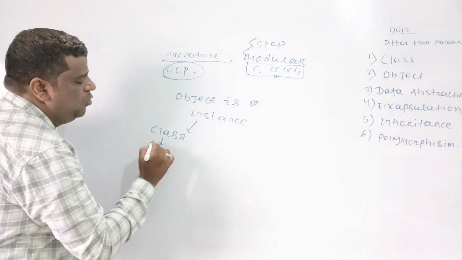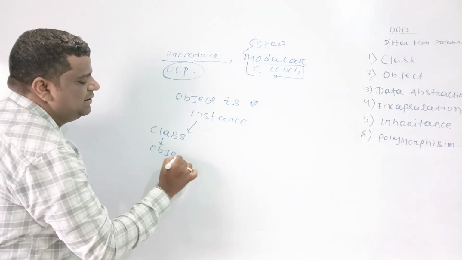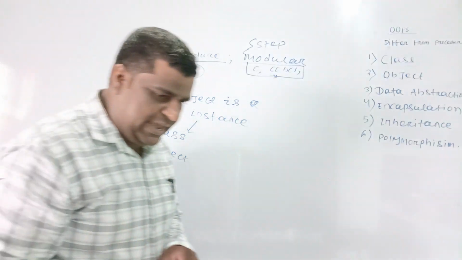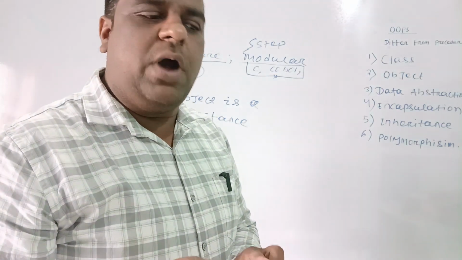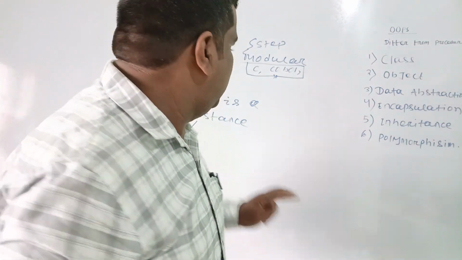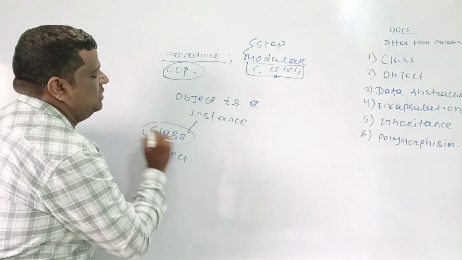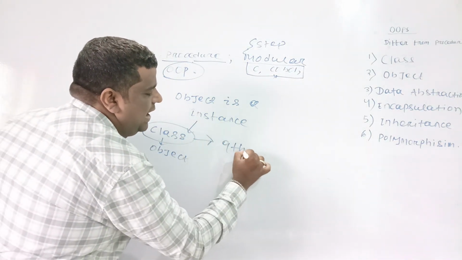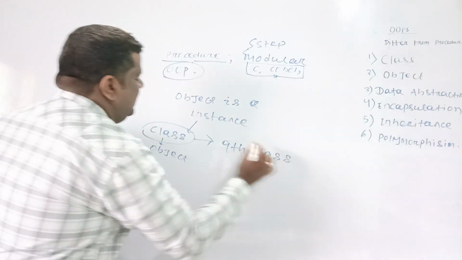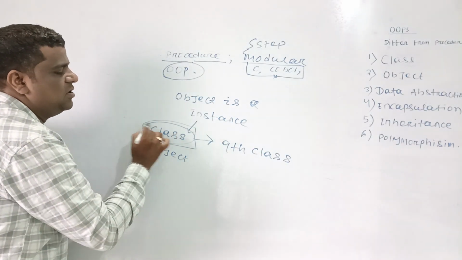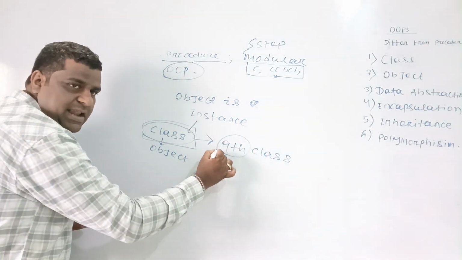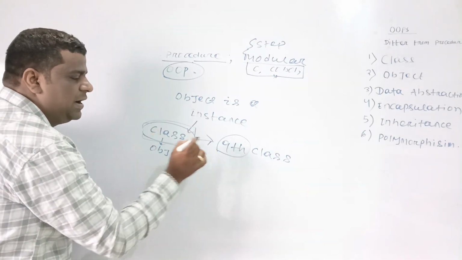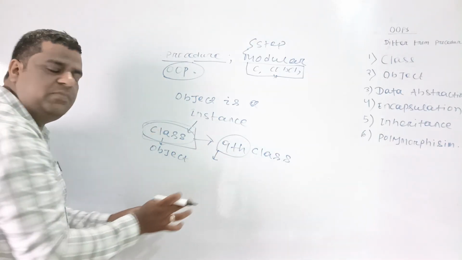If I simply go for the class and object, think about your classroom. What is a classroom? Suppose you are in the ninth class. That is the class concept. But what is the behavior and approach of the ninth class?